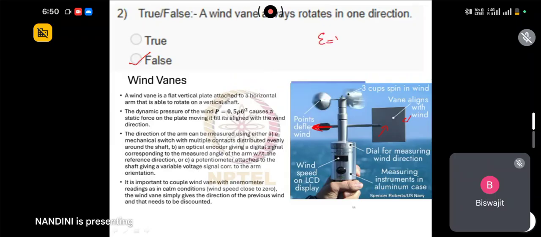Kinetic energy is basically given by half mv square, right? Where mass is basically density into volume into v square. And force by area is pressure. F into dx is work done or energy, right?